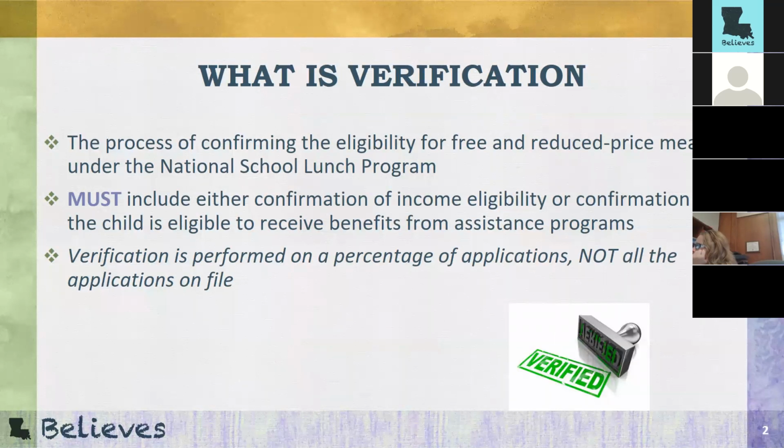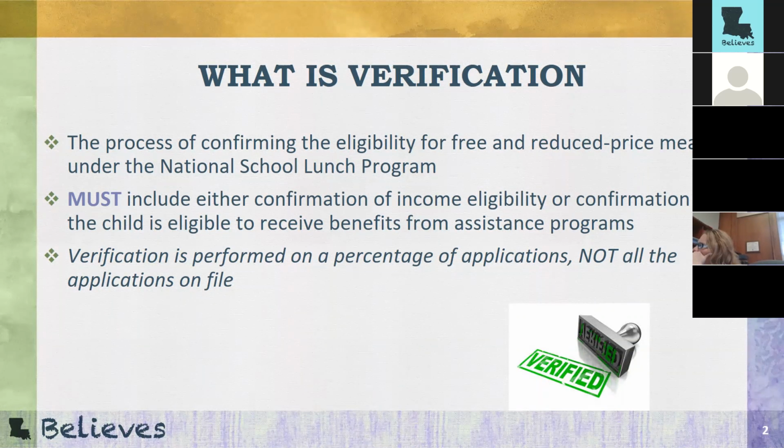Section 9(b)(3) of the National School Lunch Act and regulations at 7 CFR 245.6a(c)(1) establish requirements for LEAs in conducting verification of eligibility for free and reduced price meals based on applications in participating schools. Verification is only required when eligibility is determined through the application process and is not required for eligibility determinations made through the direct certification process.